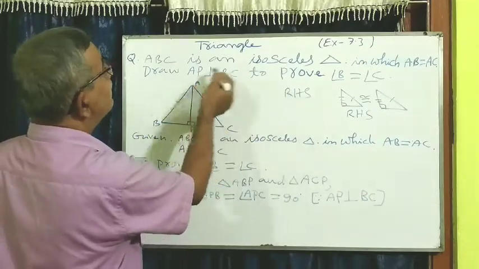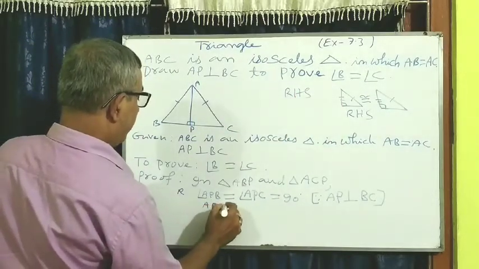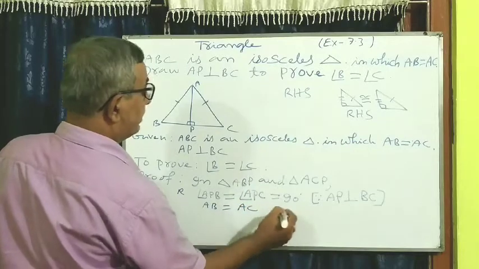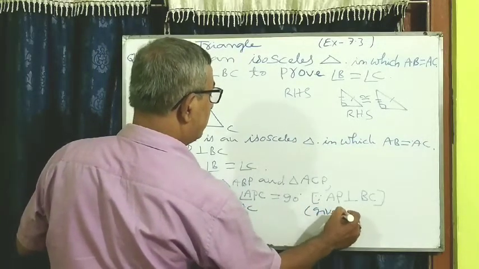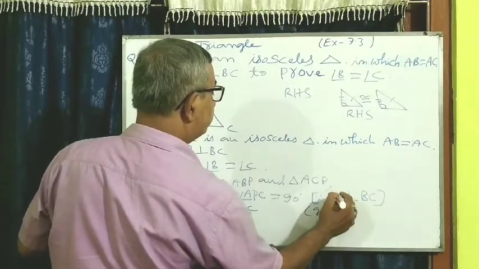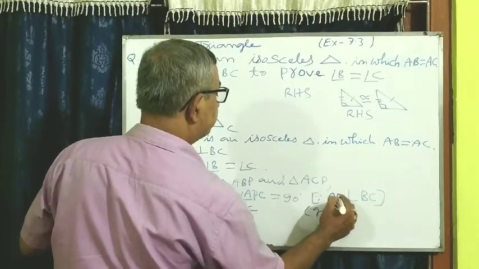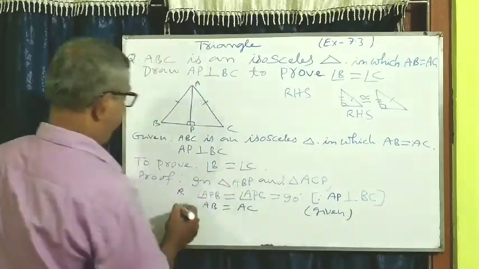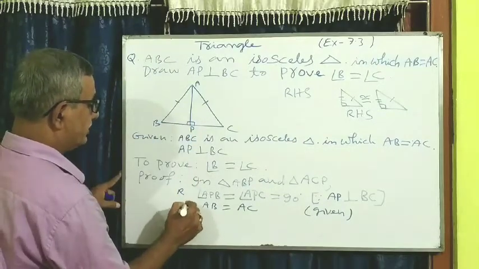Earlier it is given AB is equal to AC. From where it came? Given. And this is right angle hypotenuse.